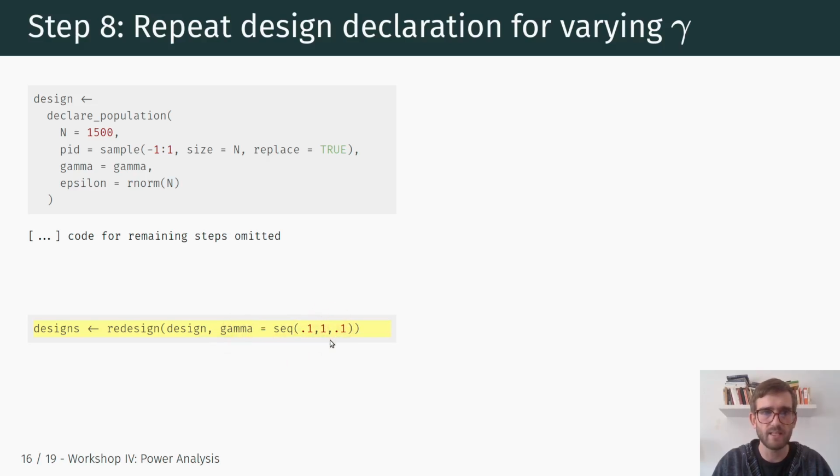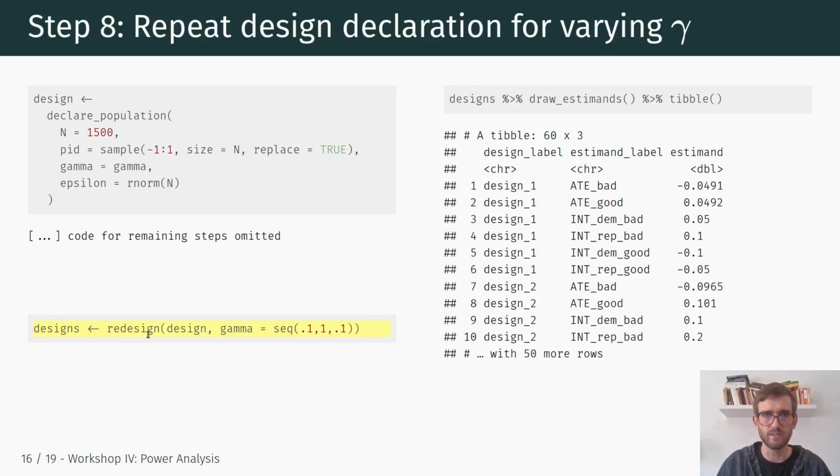Gamma now ranges from 0.1 to 1, which is the maximum assumed effect size I talked about previously. We go through the same procedure, all the steps I mentioned previously, with varying levels of gamma. That's what the redesign command ultimately does.